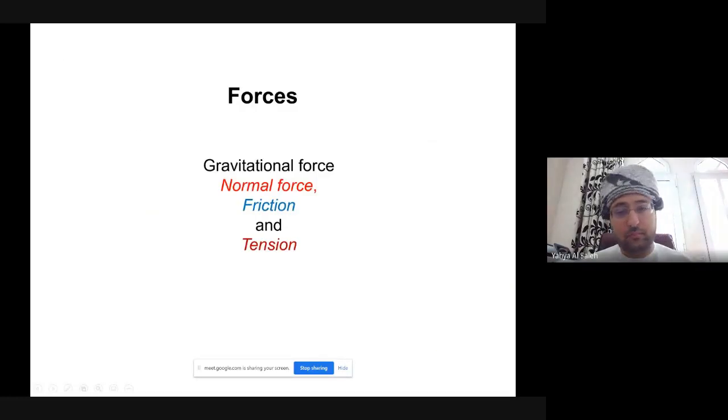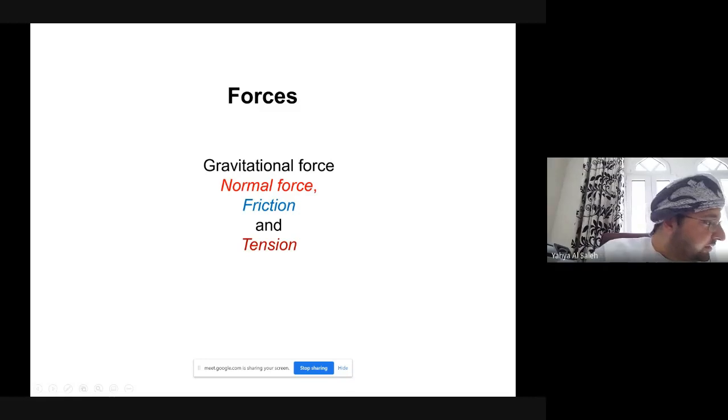Okay. Now, let's introduce a bit of a catalog. Okay. Different types of forces, and then in the next chapter we can sort of explore them further. Common forces. What are some of the most common forces that we see on a day-to-day basis?